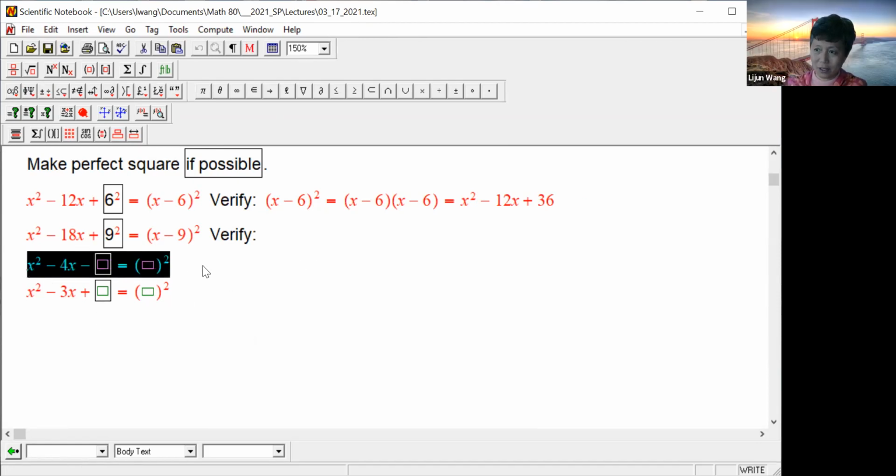Now, the third one. Make a perfect square by subtracting a number in the blank. You can try and verify, right?